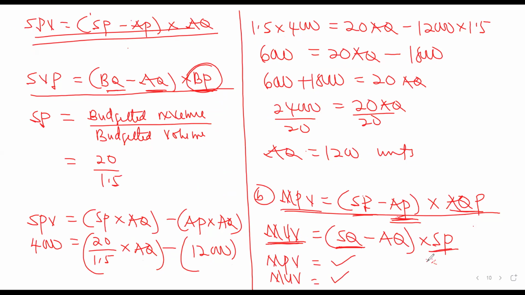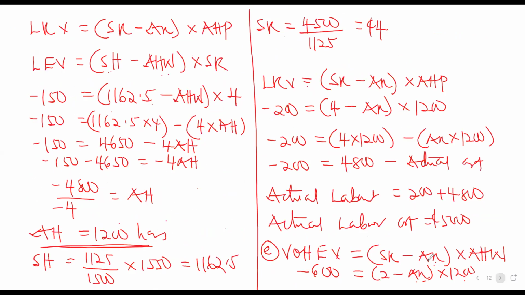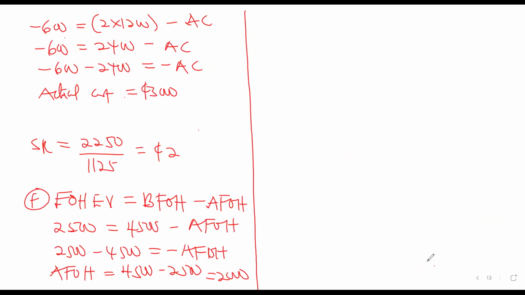Don't give me decimals, because it will not give you the same figure. Just give me the fraction the calculator is giving to you: 17 over 6. That's what I want. So that is the sales volume profit.